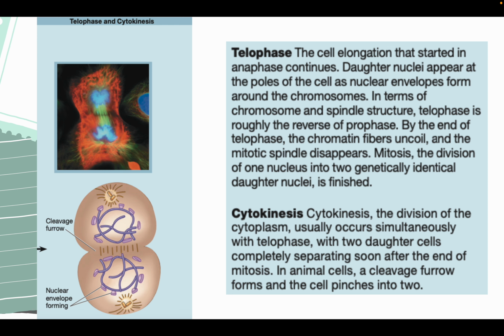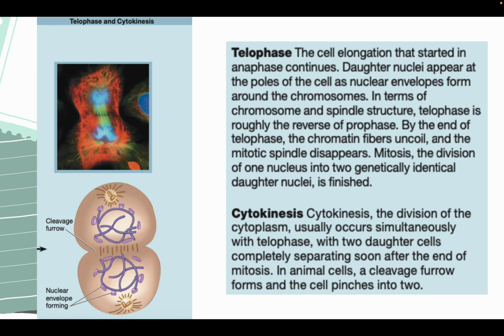So as telophase finishes up, the cell is almost divided into two, with each end having its nucleus and a set of genetic material, which is the chromosomes. So in cytokinesis, the cell physically divides into two separate cells.